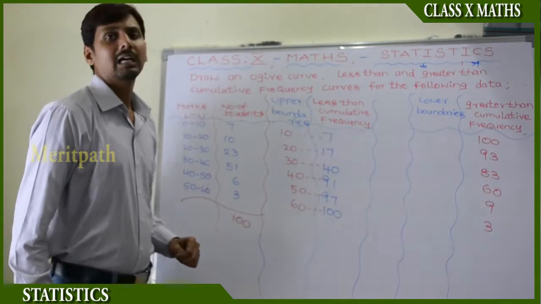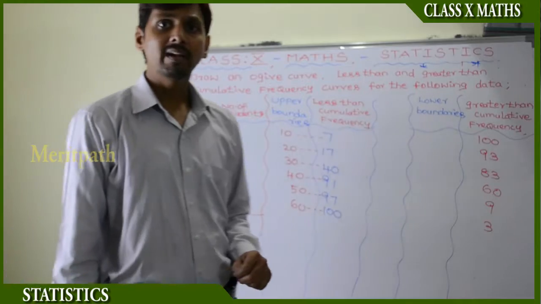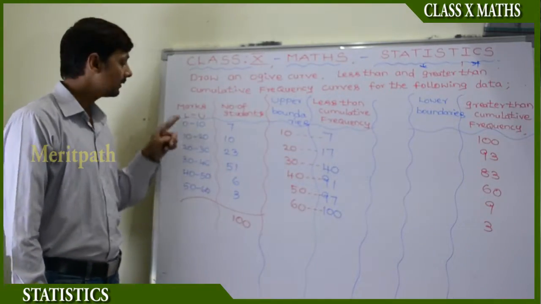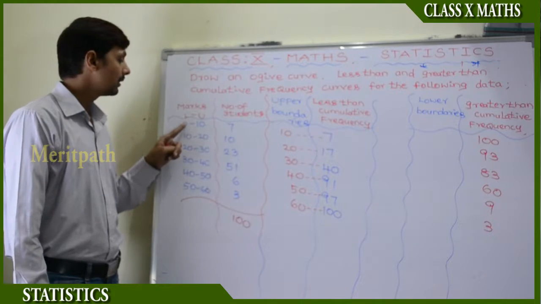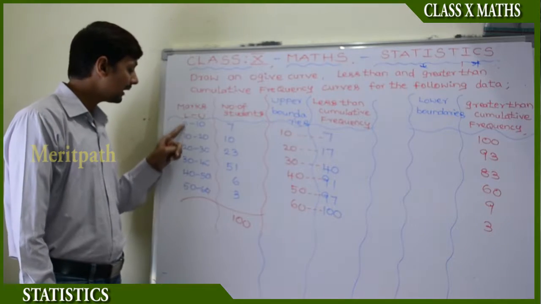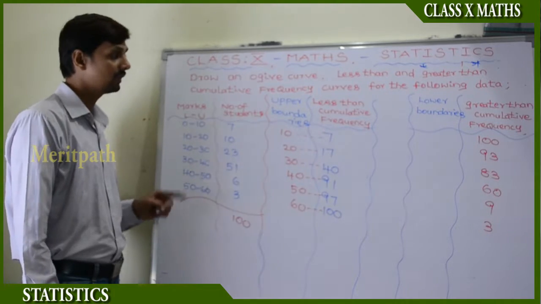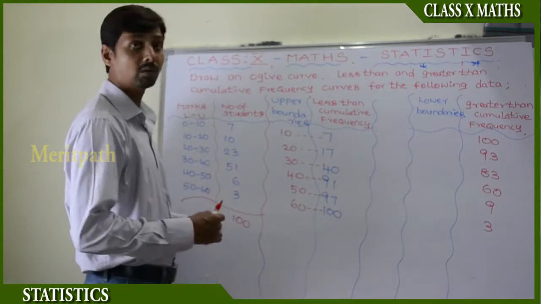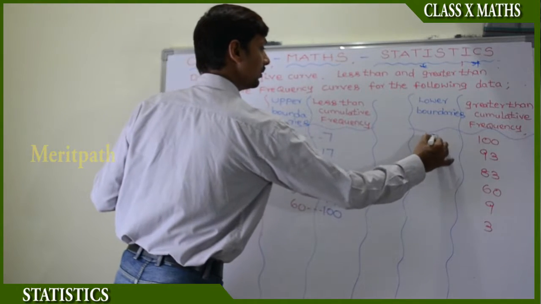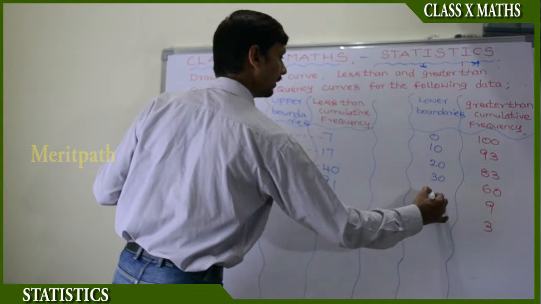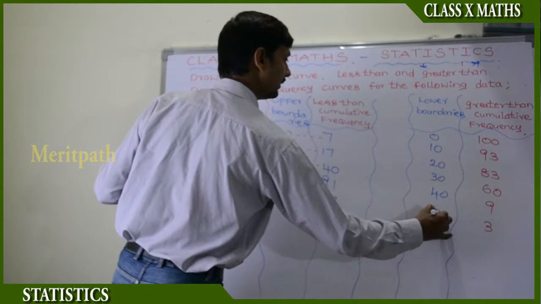So let's find out the lower boundaries. We have discussed earlier, these are all upper boundaries, and the first number in each group are called lower boundaries, that are 0, 10, 20, 30, 40, 50. So let's write these lower boundaries: 0, 10, 20, 30, 40 and 50.